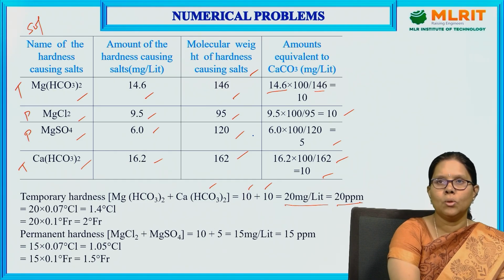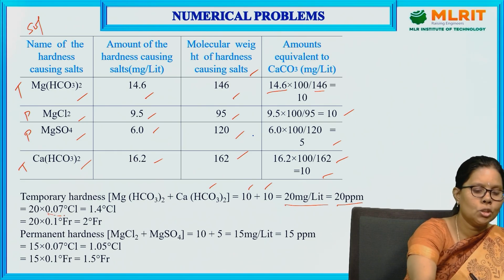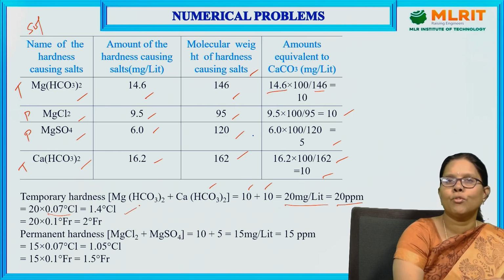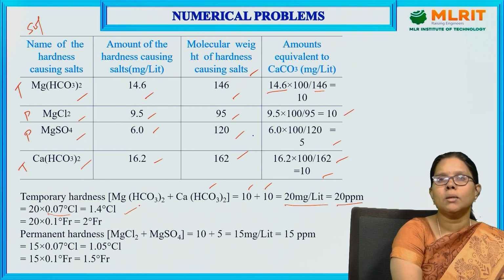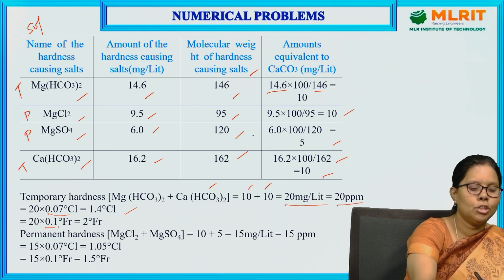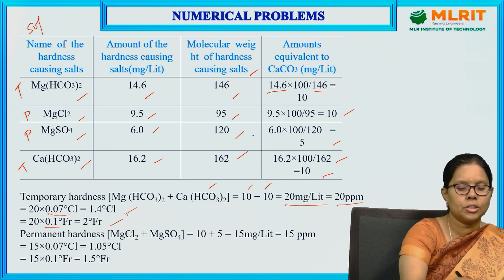In terms of degree Clark, we know that 1 ppm is equal to 0.07 degree Clark. So 20 into 0.07 is nothing but 1.4 degree Clark. In terms of French, 1 ppm is equal to 0.1 degree French. So 20 into 0.1 is nothing but 2 degree French.